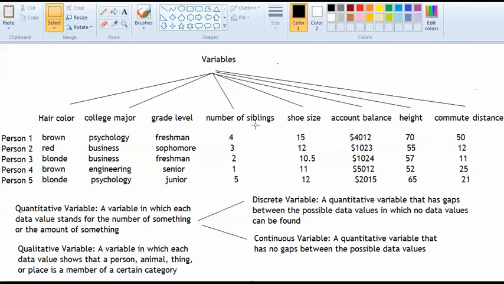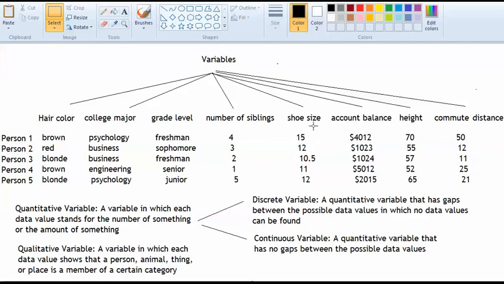Number of siblings would be a discrete variable because even though data values such as 1, 2, 3, 4, and 5 would be possible, it wouldn't be possible to have a data value between 1 and 2, between 2 and 3, between 3 and 4, or between 4 and 5. For example, a person couldn't have 2.2 children or 4.1 children.